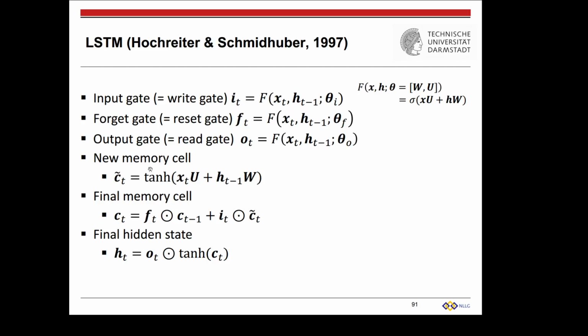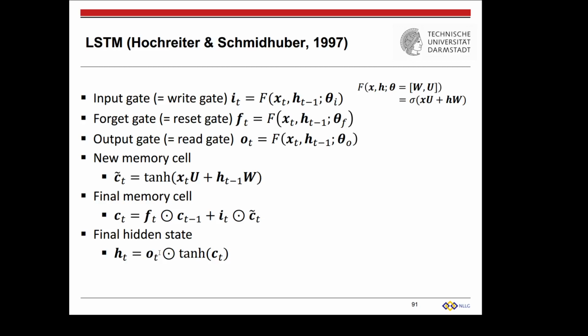Then we compute a new memory cell as c_t tilde, a final memory cell c_t, which is given by adding and multiplying the previous stuff, and then a final hidden state h_t, which is given by o_t times the memory cell content.